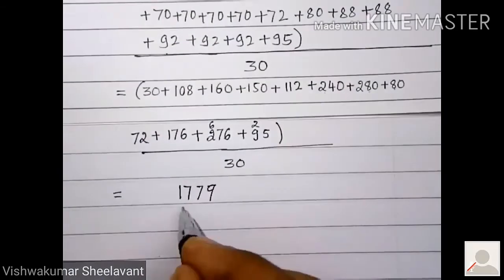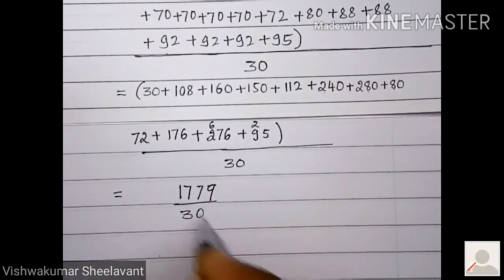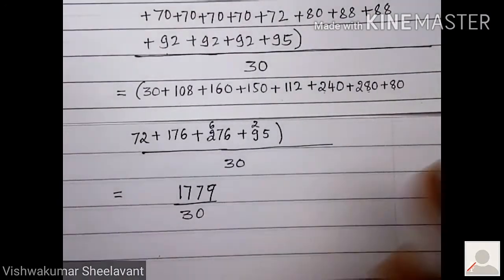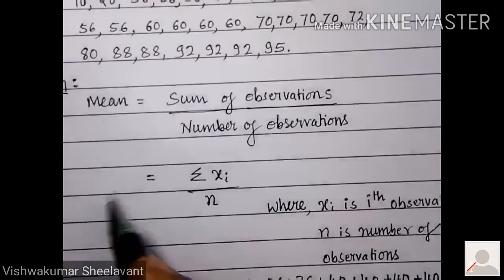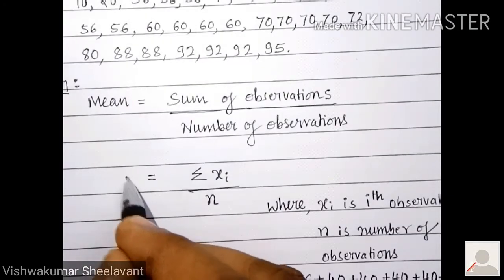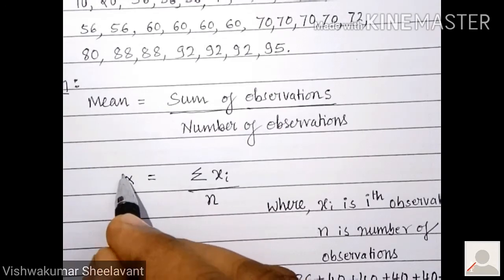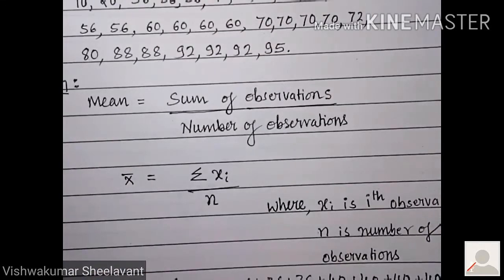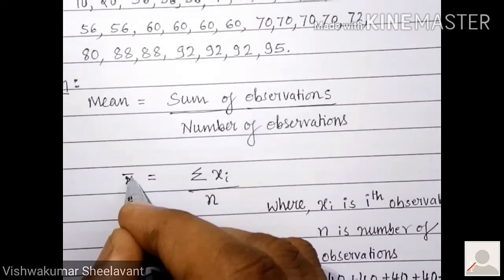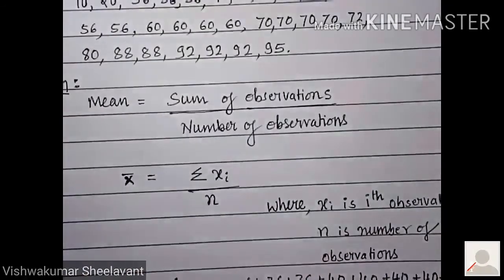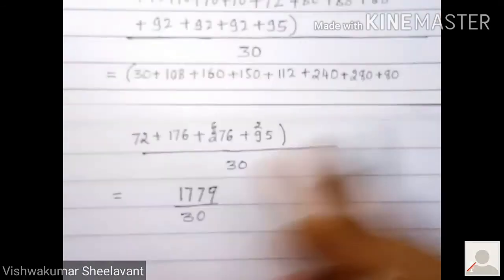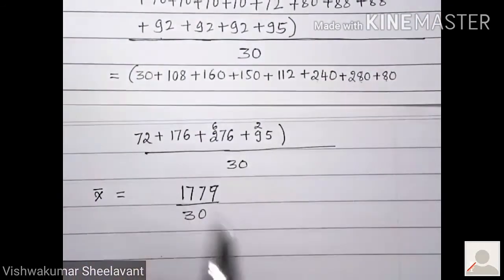Divided by 30. Don't forget to write this. And here the symbol for mean is X bar. So this is going to be now X bar for you.